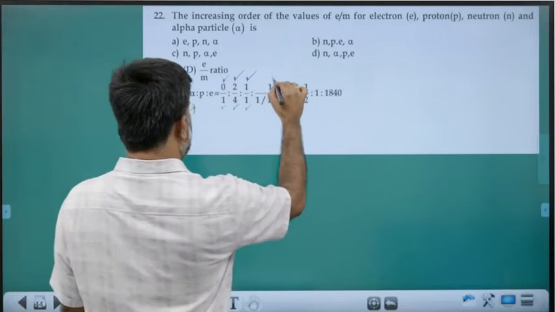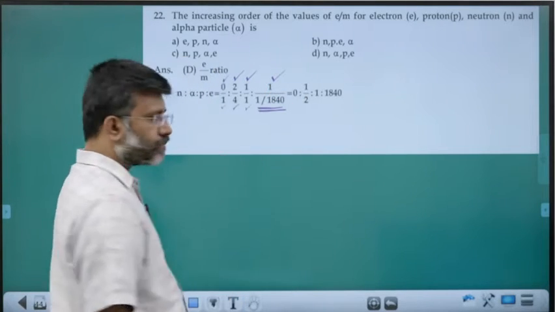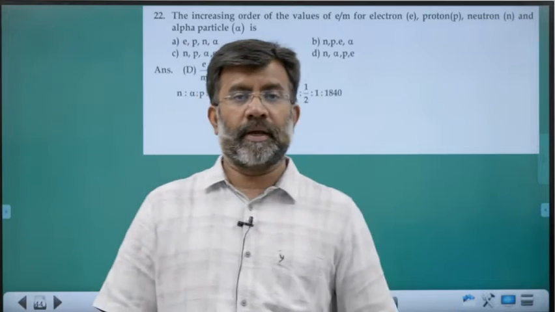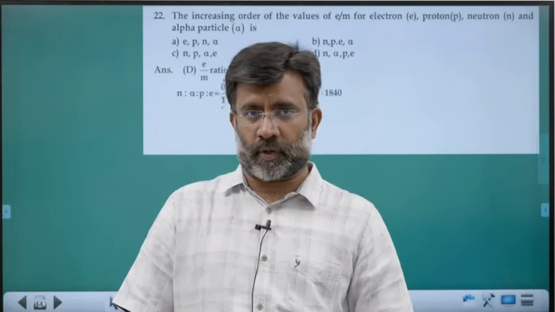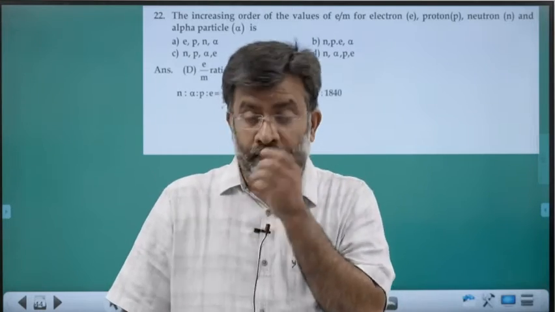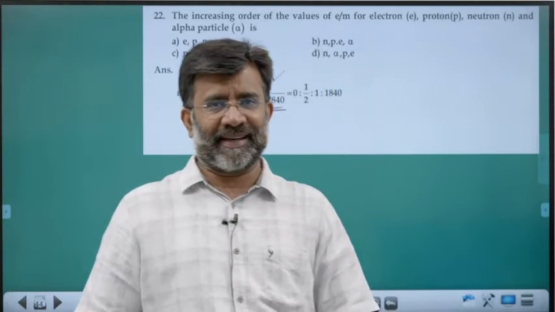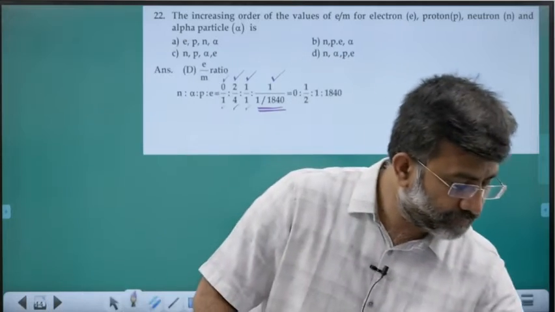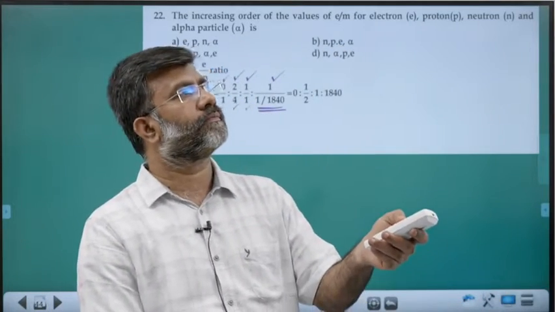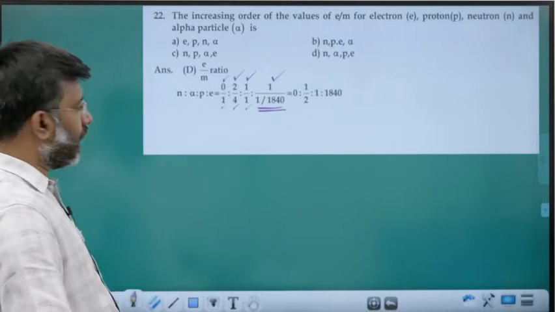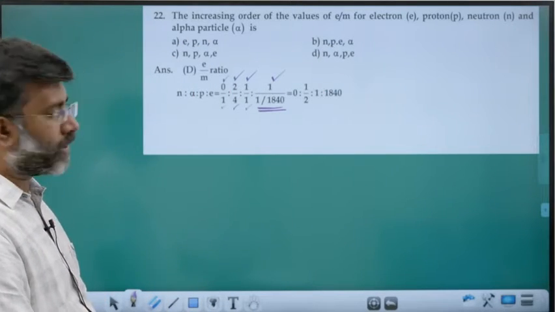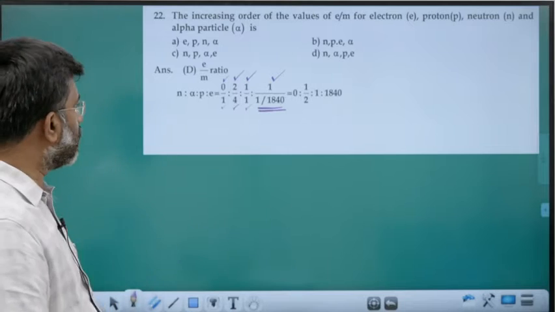For electron, charge is 1 and the mass is 1 by 1840 times that of the proton, or the unit mass, isn't it? It is 1 by 1840 times that of the unit mass.